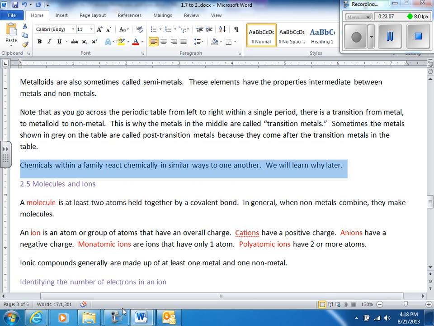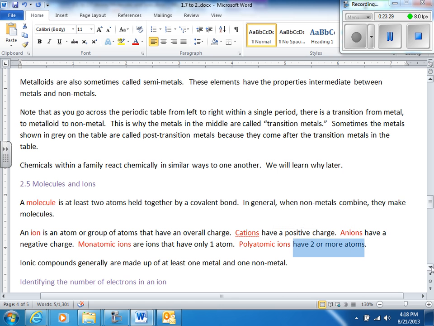Okay, molecules and ions. Molecule, at least two atoms held together by a covalent bond. When nonmetals combine, they make molecules. Ion, charged atom or group of atoms. Cations positive, anions negative. Mono means one. Monatomic ions have one atom. Poly, many. Polyatomic ions, two or more atoms.